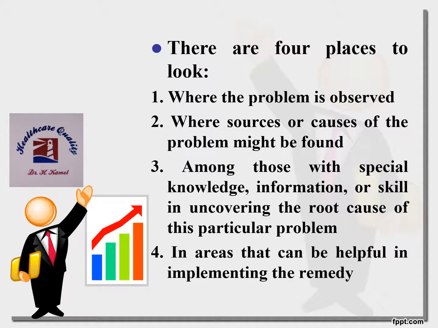There are 4 places to look: where the problem is observed, where sources or causes of the problem might be found, among those with special knowledge, information, or skill in uncovering the root cause of this particular problem, and in areas that can be helpful in implementing the remedy.